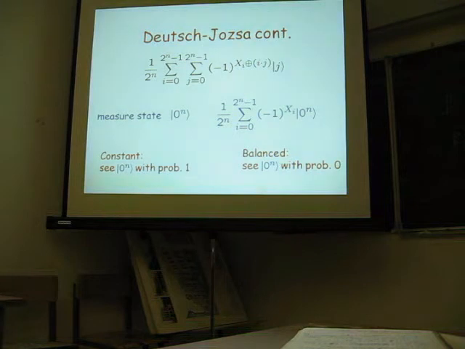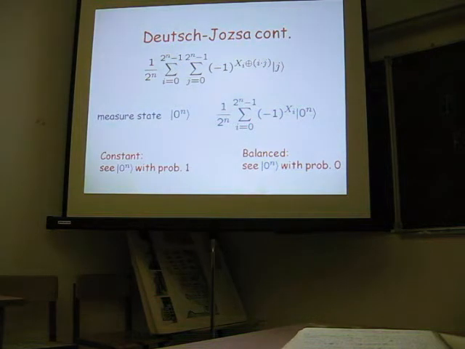And now, because I want to get rid of the double sum, let's zoom in on those basis states where j is all zeros. So let's take out of this sum only the terms where this is the all zero state. When I do that, I can compute the amplitude that is sitting on this all zero state, and by squaring that, I get the probability of observing the all zero state.